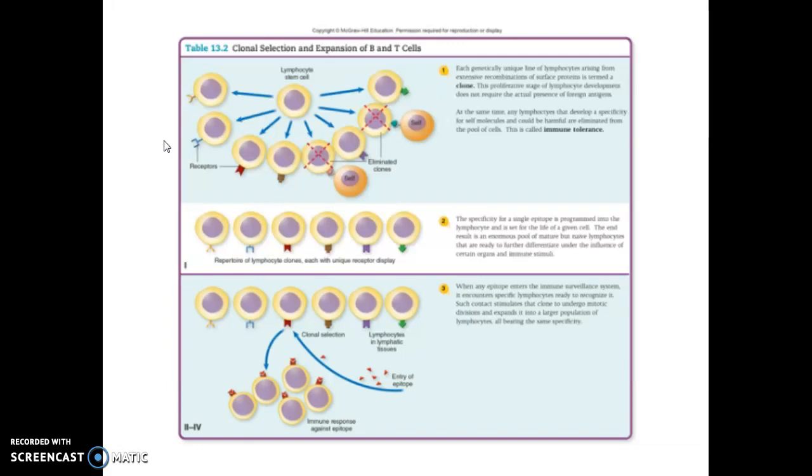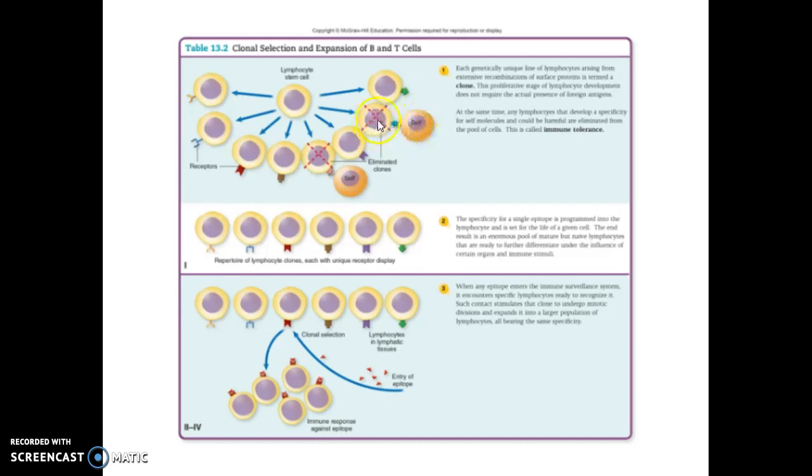What you have here are different B cells or T cells, and you see the specific types of receptors, each given a slightly different shape or color just to show specificity.